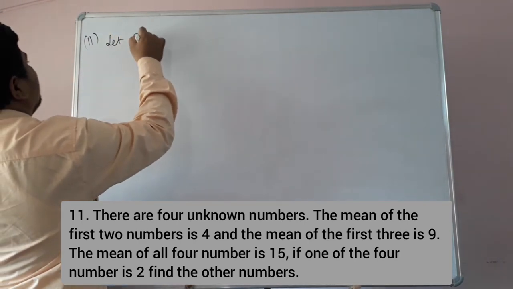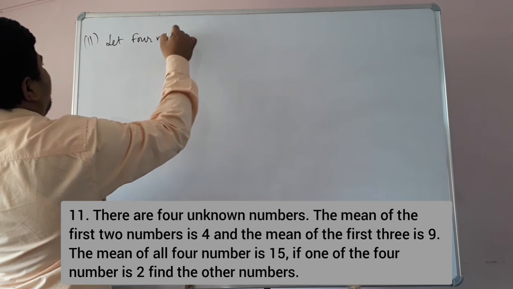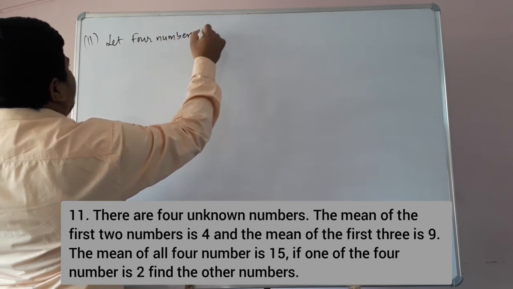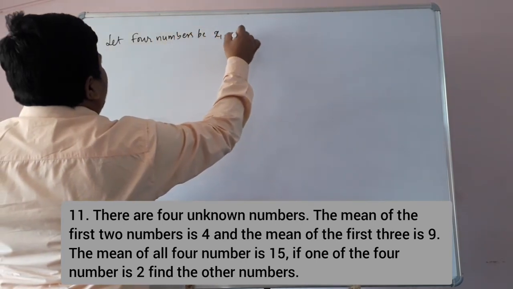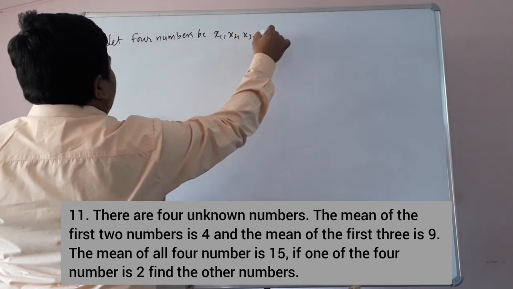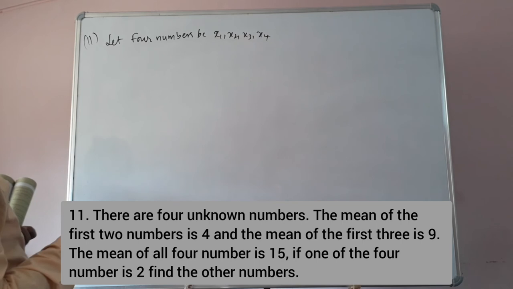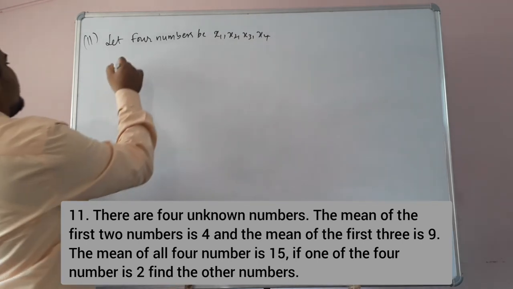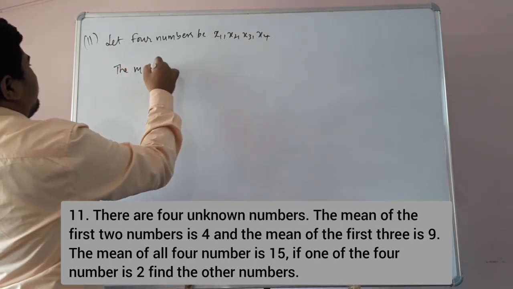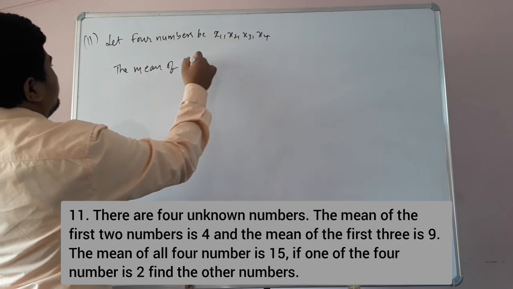Let the 4 numbers be x1, x2, x3, x4, and they gave here the mean of first 2 numbers is 4.